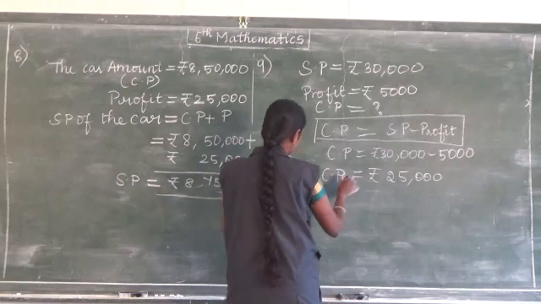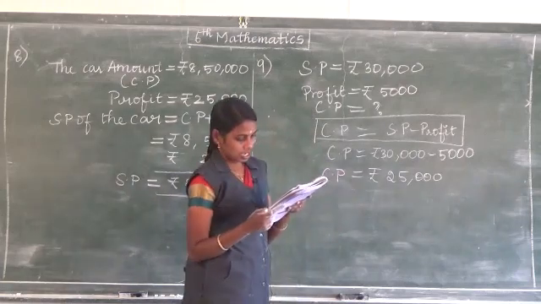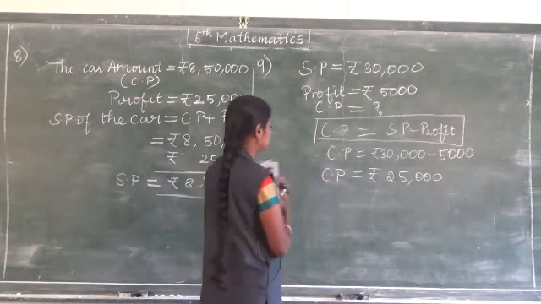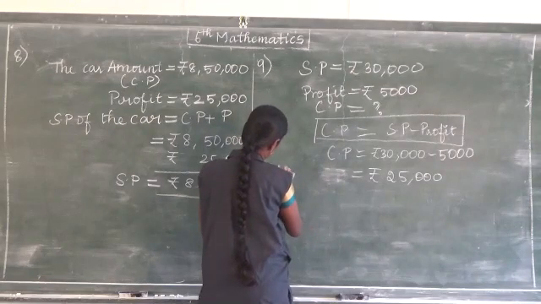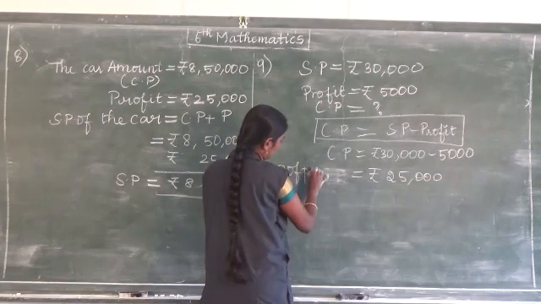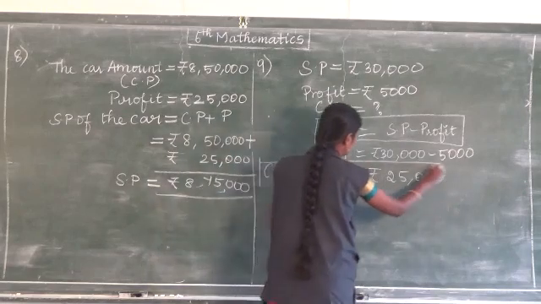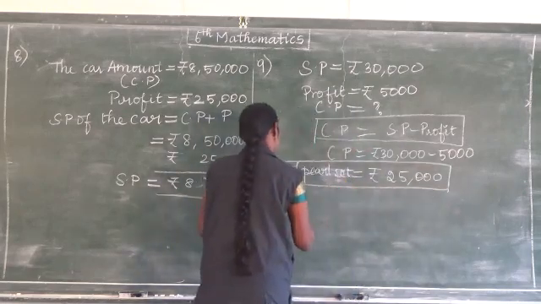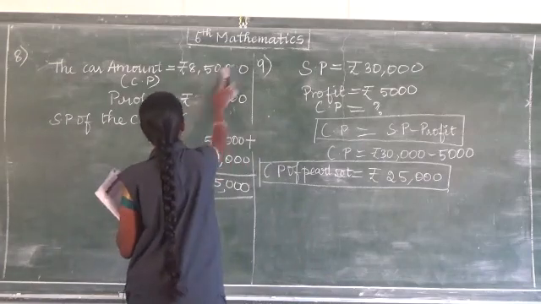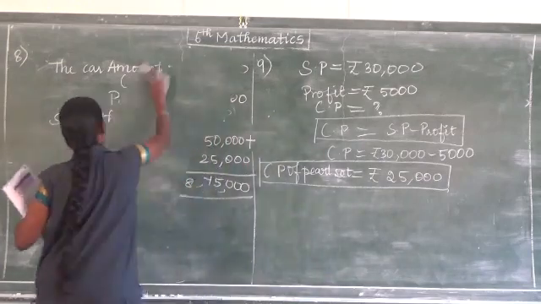Cost price is 25,000. The question is cost price of the pearl set. The cost price of the pearl set is 25,000. Addition, subtraction only we are doing, so do it properly.